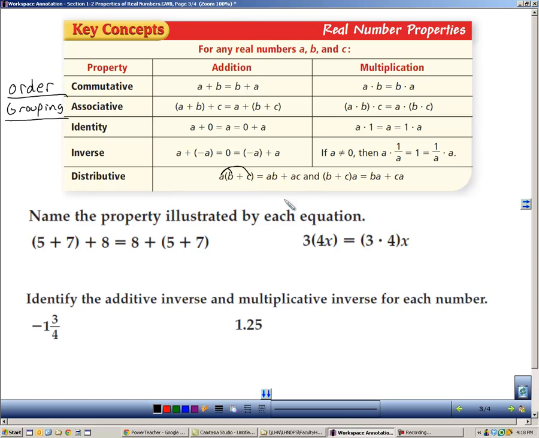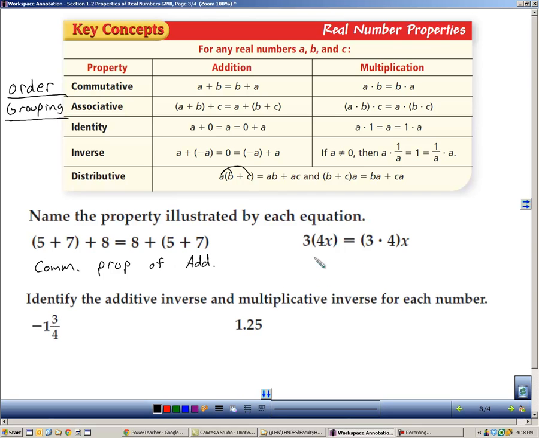So let's take a look at what properties are illustrated here in this first example. I see a 5 plus 7 in parentheses and a plus 8. On the other side of the equal sign, I see the 8 first and then the 5 plus 7. Now to me that looks like I just flipped sides, so that's an order. So this is representing the commutative property of addition.